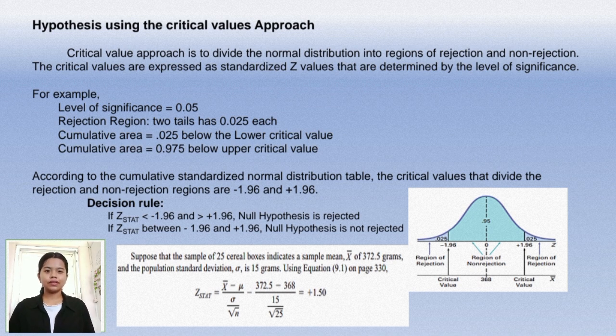So first, let us define what is critical value. The critical value is the cut-off point on the test statistic distribution. It also helps us determine whether to reject or accept the null hypothesis based on the observed test statistic.